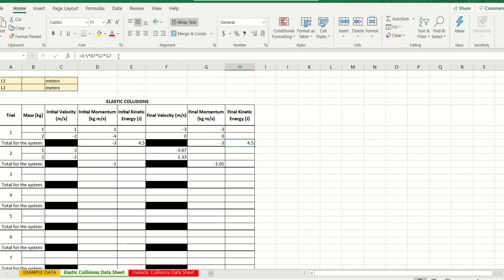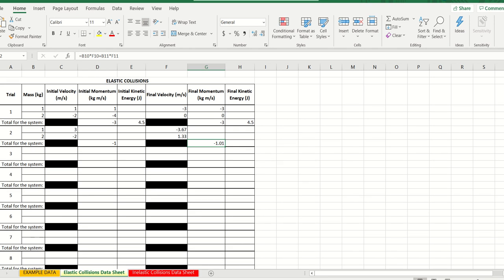Plus the 1/2, 0.5 times m2 times v2 final squared, 0, but even though it's 0, I'll include it anyway. See, so you see the initial kinetic energy is the final kinetic energy. So you just use that formula and you'll see the initial kinetic energy equals the final kinetic energy. The initial momentum equals the final.